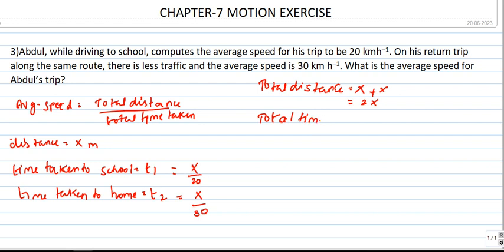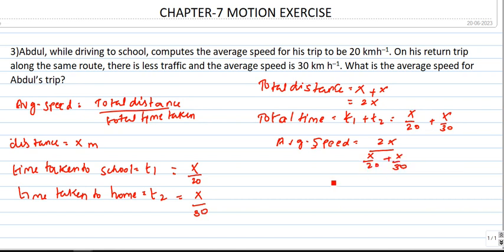And the total time will be t1 plus t2, which is x by 20 plus x by 30. So when we divide these two, we get the average speed. This is equal to 2x by x by 20 plus x by 30.